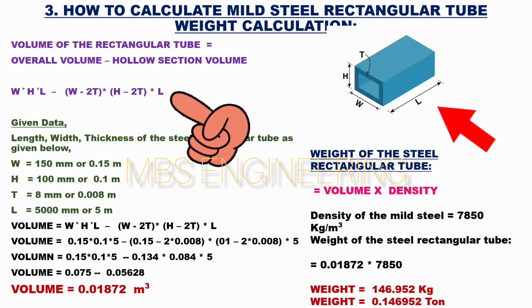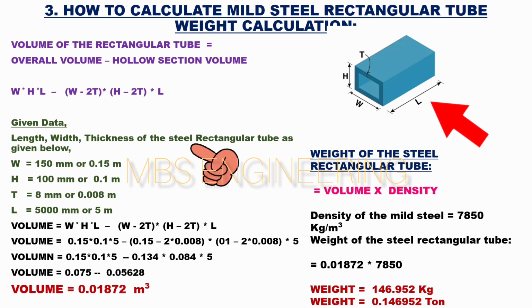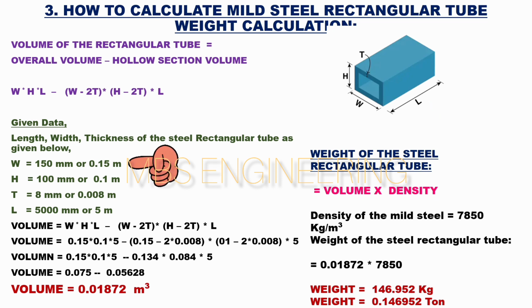Please refer to the mild steel rectangular tube snaps. The given data is length, width, and thickness of the steel rectangular tube. The first given data, width W, is 50 mm or 0.05 meter. The second given data, height H, is 100 mm or 0.1 meter. The third given data, thickness T, is 8 mm or 0.008 meter.